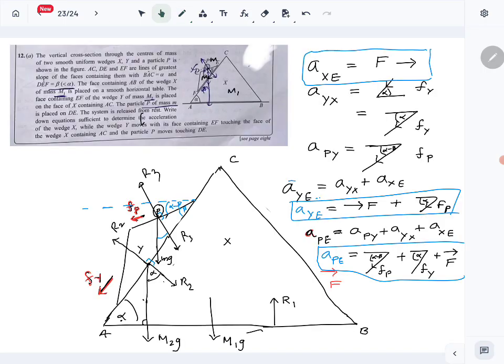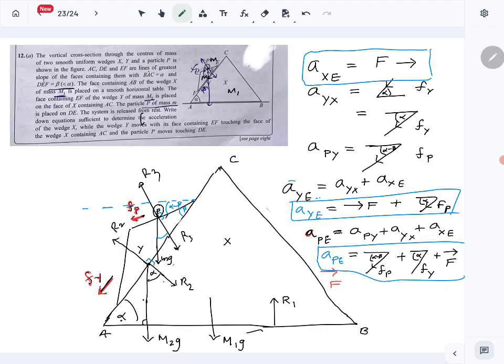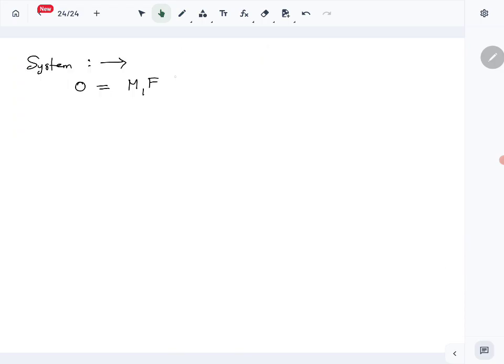Then you look at each mass and their acceleration. So wedge x is mass m1, acceleration is F in that direction, so positive m1 F, right? Then wedge y, that is mass m2, so plus m2, what is its acceleration?